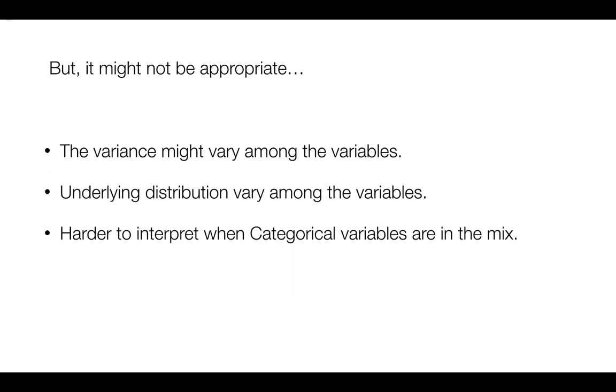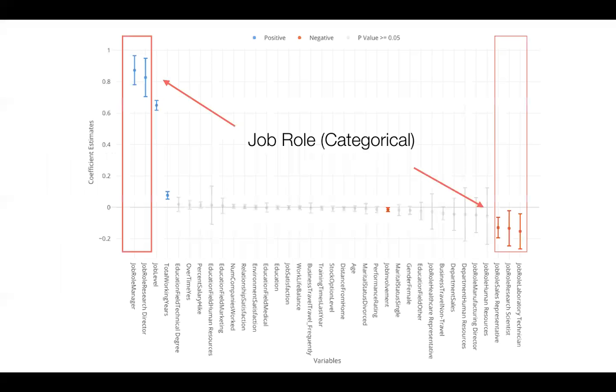But here's the third one. To me, there's sometimes a little problem with how to interpret when categorical variables are in the mix. When categorical variables are there, you compare with the baseline. For example, with job role, you're comparing sales executive against, for example, manager. So what is the effect of job role?